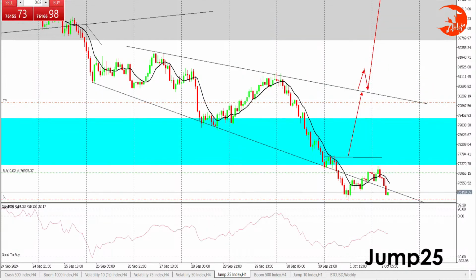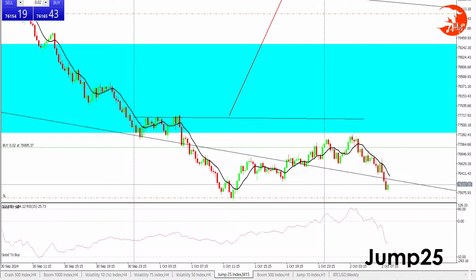What does that mean? According to M15, we somehow still have some more sells. Let me confirm that with Bollinger.